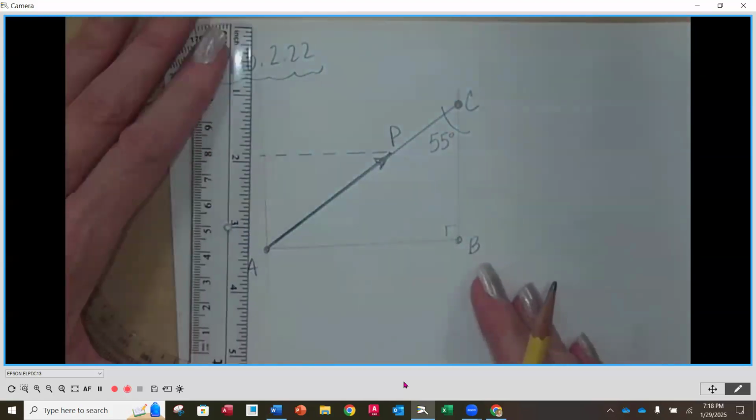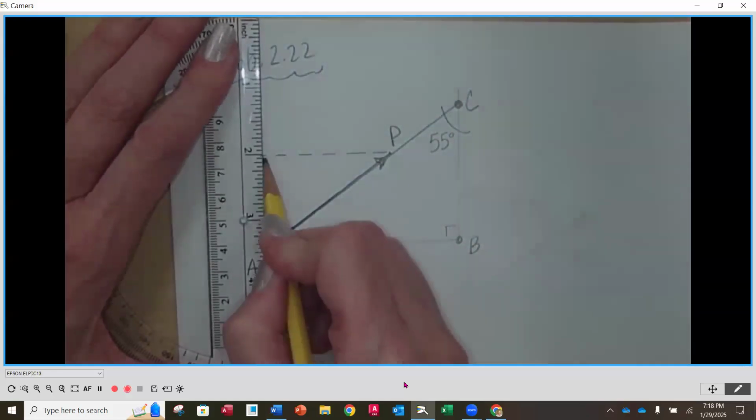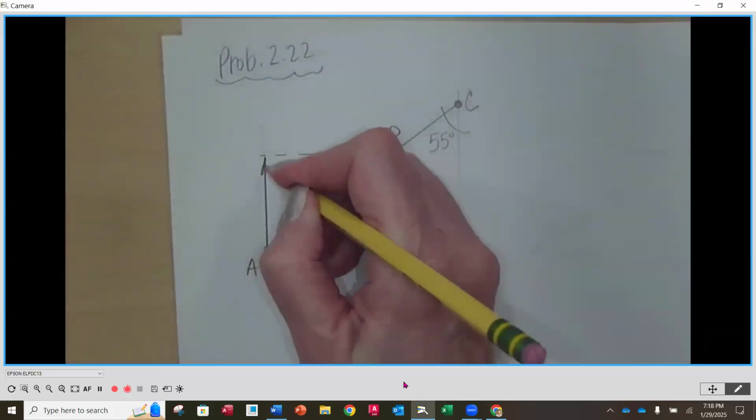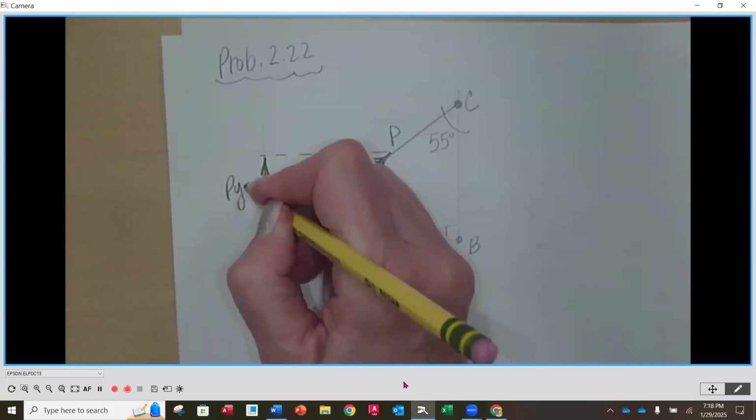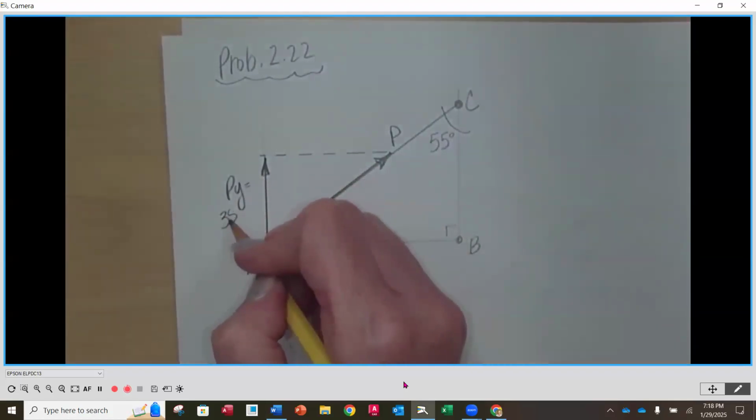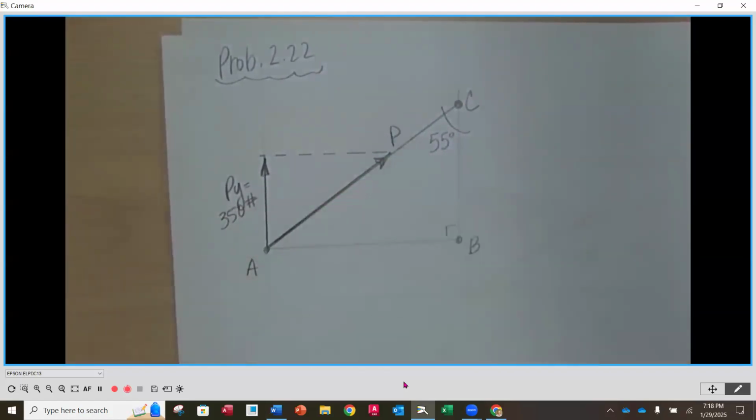The Y component here, the vertical component of P, PY, is equal to 350 pounds.